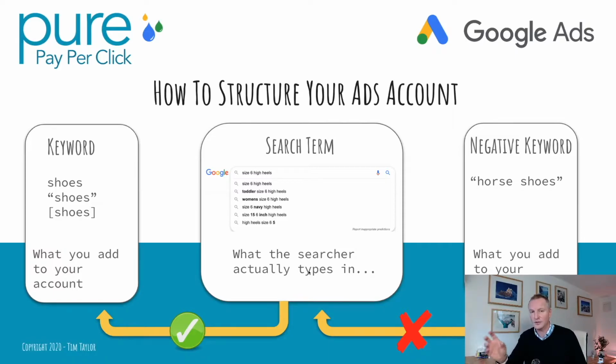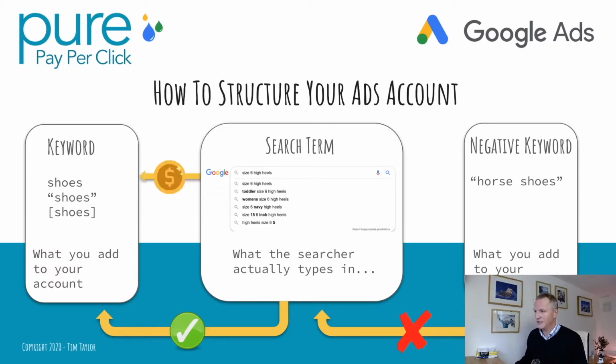You've got keywords which you add to your account. They're your best guess. You've got search terms which people type in, and you've got negative keywords to control which search terms trigger your keywords. Okay, now how do you make sure that you've got search terms which are generating money for you and control the ones which aren't?